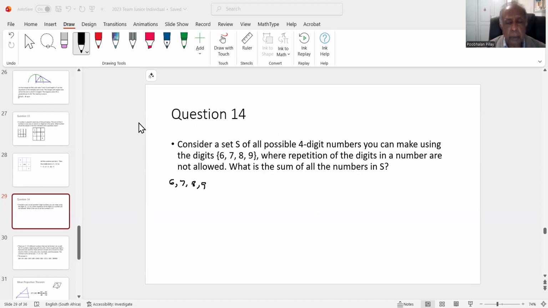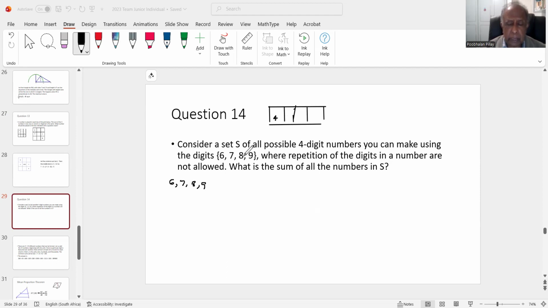When you count using my method of counting, the way I do it is the first number can be chosen in 4 ways, any one of these 4. And the second number, 4 ways of choosing this.